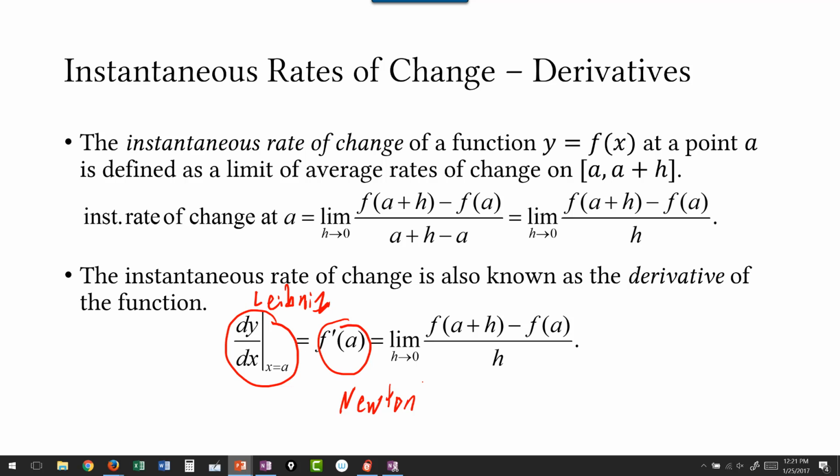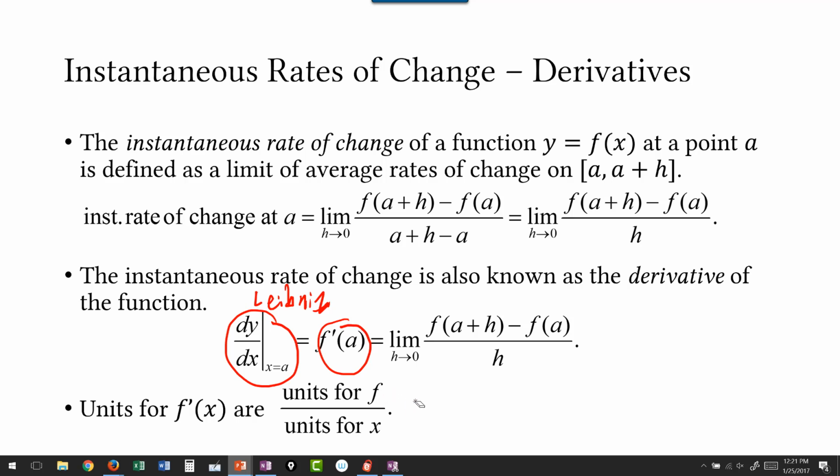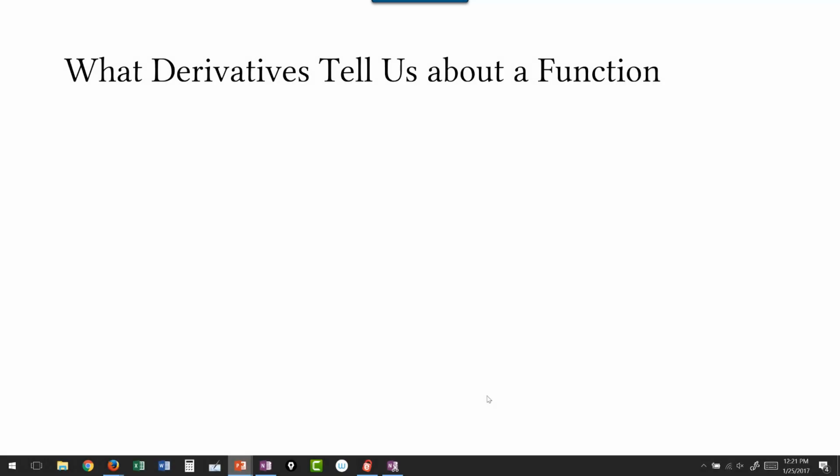They mean the same thing: the limit as h goes to 0 of f of a plus h minus f of a all over h. So the units for f prime are the same as the units for the average rate of change. Those are the units for f divided by the units for the variable.